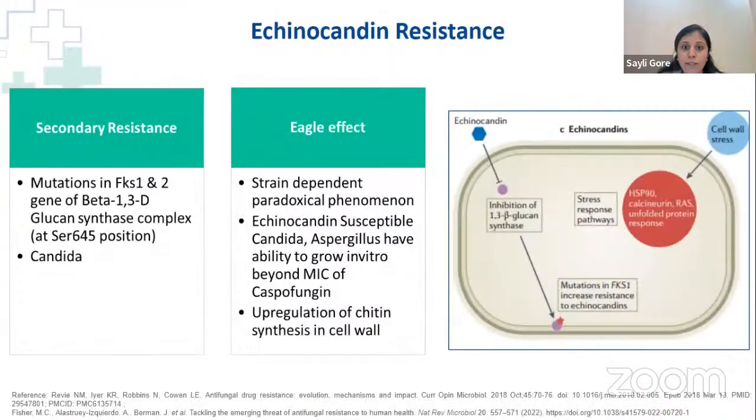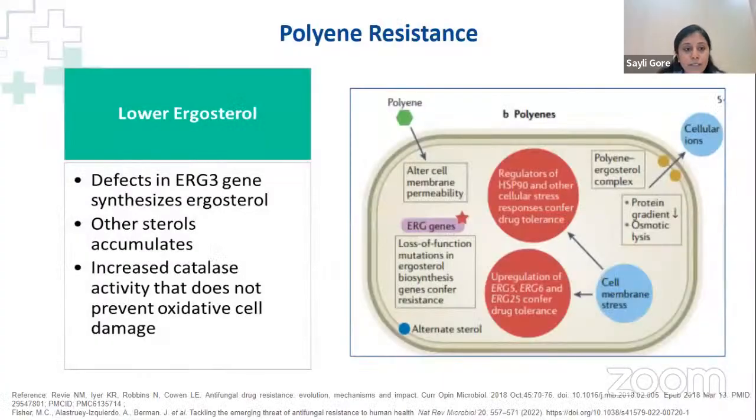They also develop some other metabolism pathways. Then echinocandin resistance is less well studied, and it is still being investigated, where there are mutations in the FKS1 and FKS2 genes, and there is a cell wall stress that happens in this. And then polyene resistance, there is a defect in ERG3 genes and many other ERG genes.